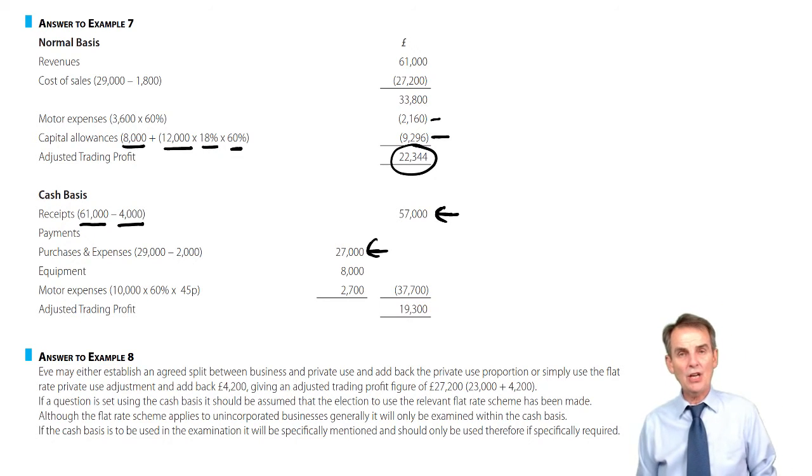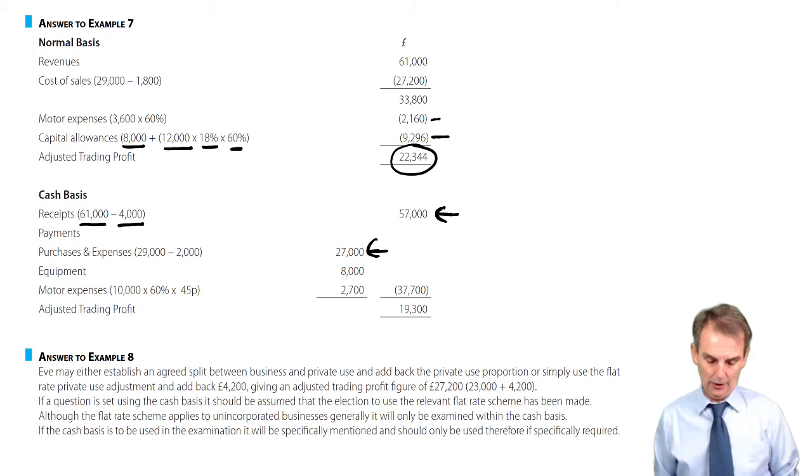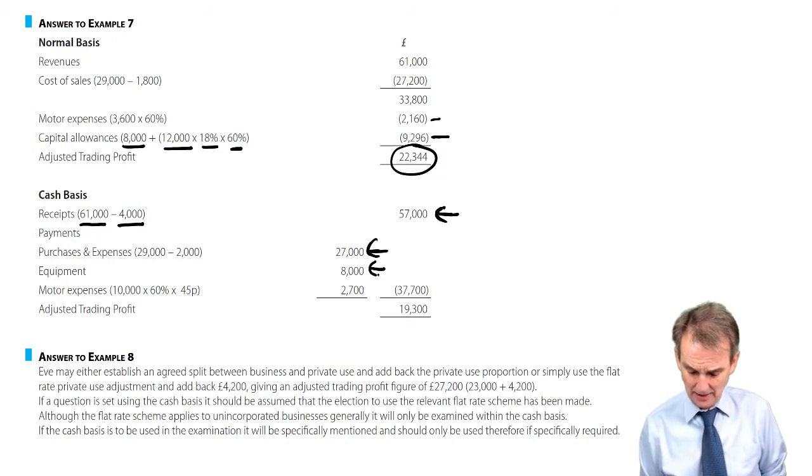In relation to the equipment purchased, when you buy capital assets there, other than cars, equipment, when you pay for it, you get tax relief. When it's sold, that will go through as a receipt there. So the 8,000 is an allowable deduction.